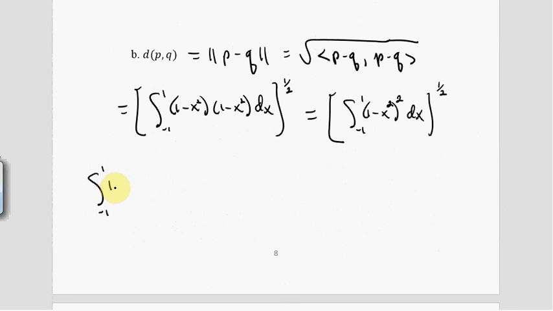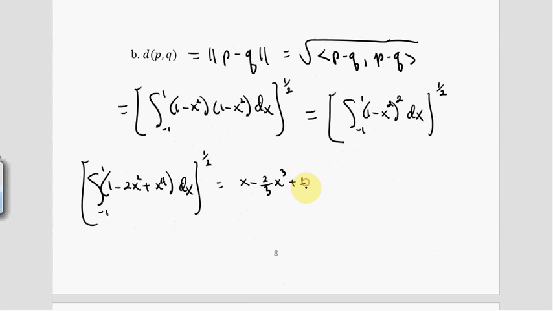We're going to FOIL that out. So this is x minus 2/3 x to the third plus 1/5 times x to the fifth. It's evaluated from -1 to 1.